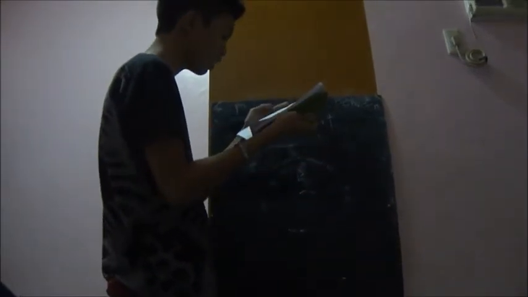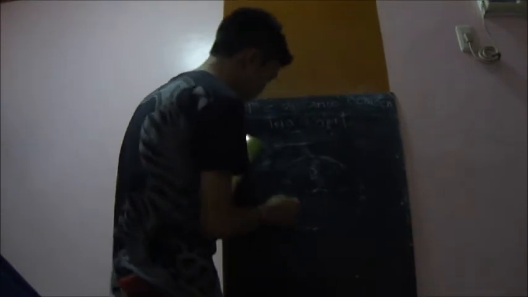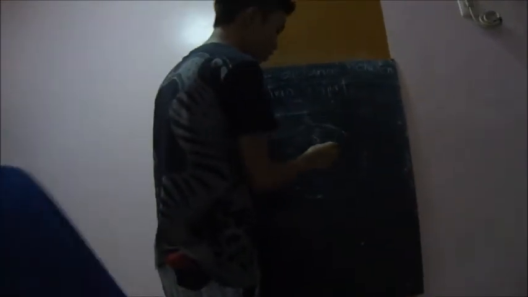And the next one is the diameter. It divides the circle into 2 equal parts, from point D to point G.